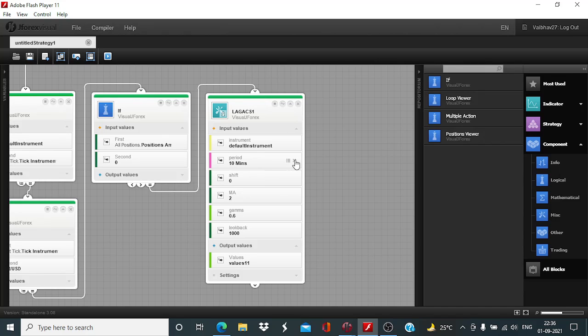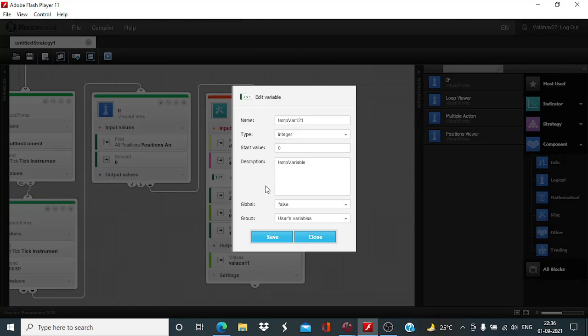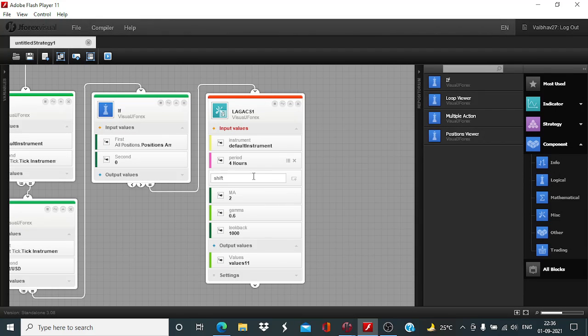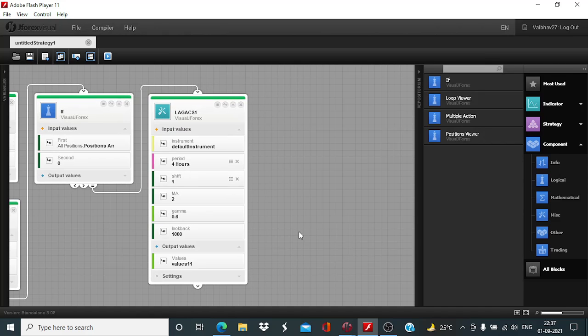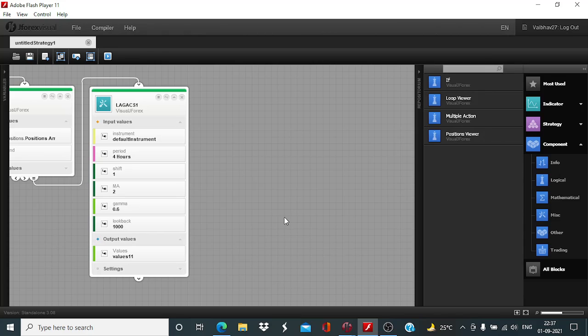This I will change to 4 hourly. And the shift value will be 1. So last 4 hourly blocks Laguerre ACS value will be taken into consideration.